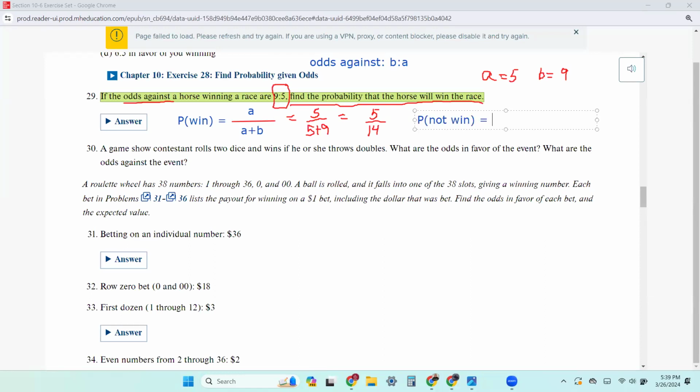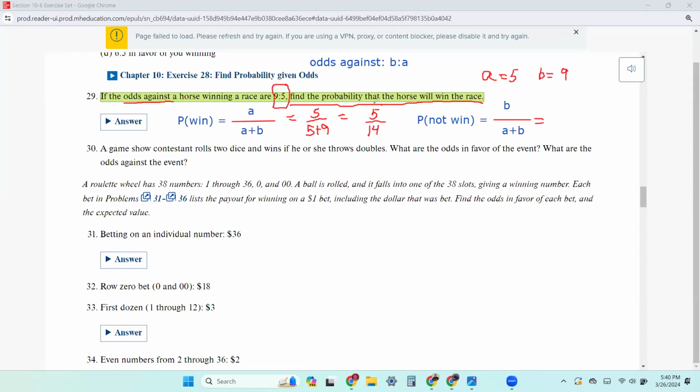So the complement, or the probability of not winning the race, is going to be B over A plus B. You always add up because, in this case, they don't ask this.